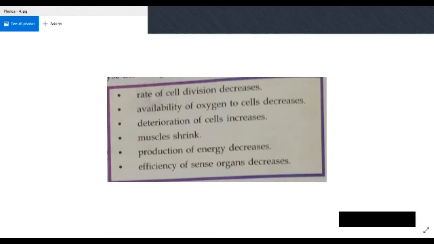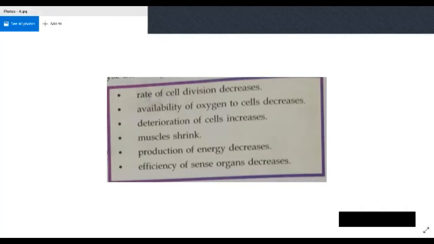Likewise, so many difficulties will be faced during the old age. So once more I will repeat for you: rate of cell division decreases, availability of oxygen to cell decreases, then deterioration of cell increases, muscles shrink, production of energy decreases, then efficiency of sense organs decreases.